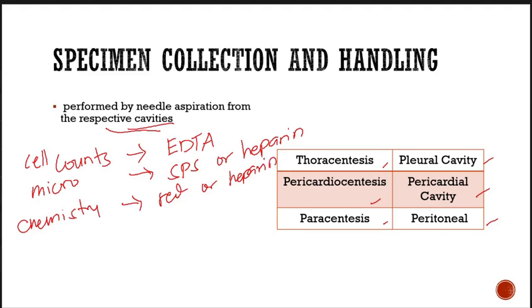And take note, if you're testing for pH, it should be transported anaerobically, on ice.